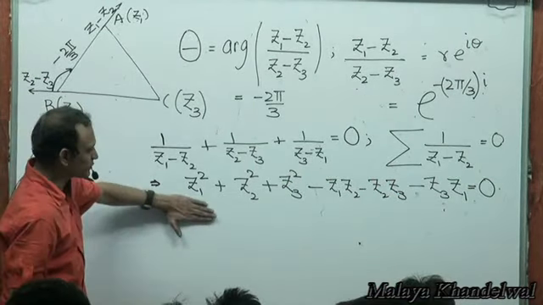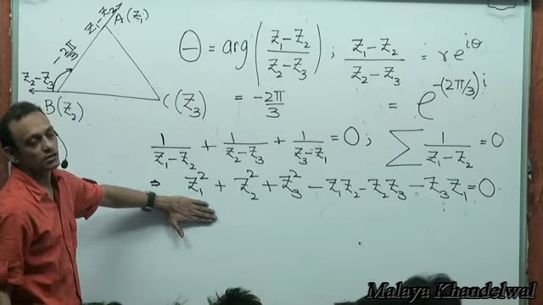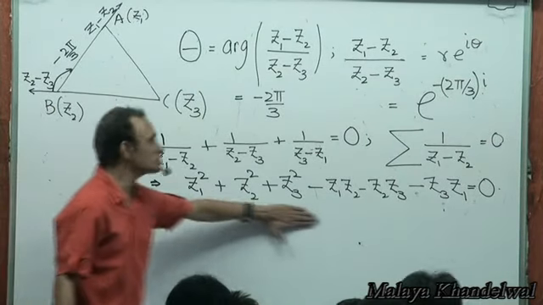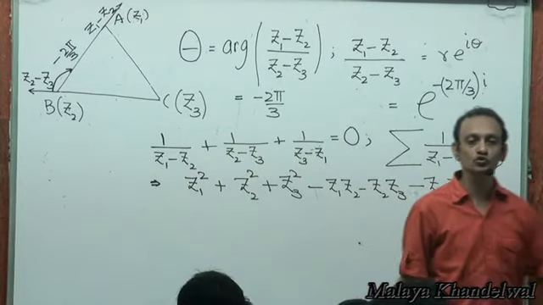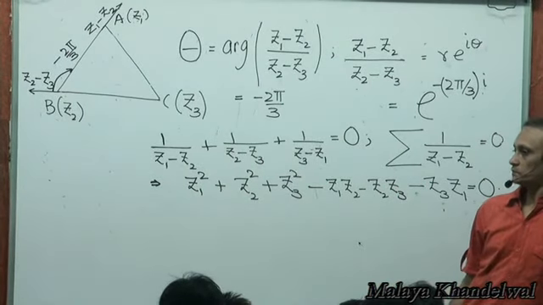So for an equilateral triangle with vertices z1, z2, z3, this must also be true. Right?